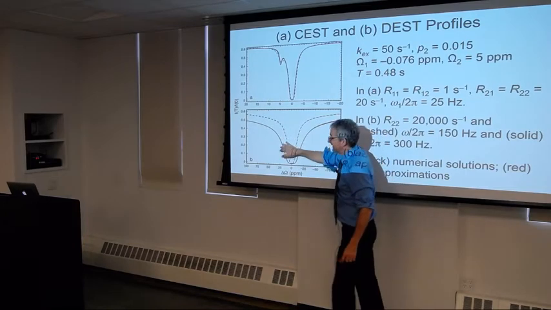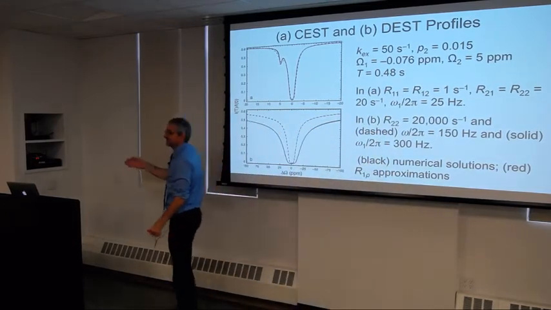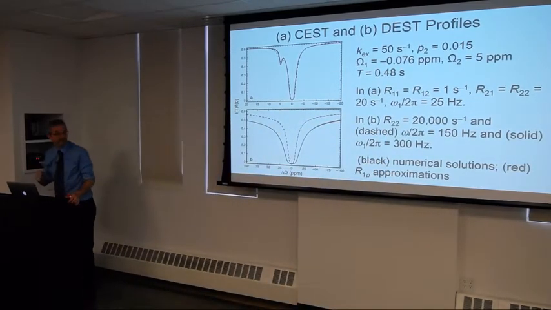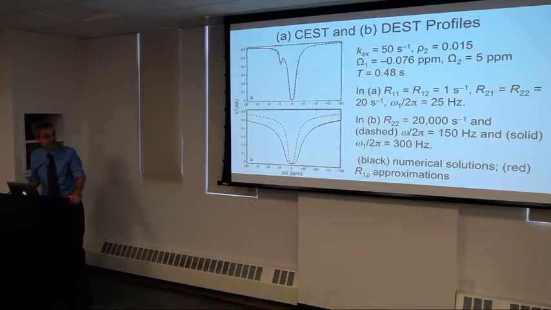And these kind of data then tell us that there's exchange between the two. We can't get out the chemical shift between them. That's kind of lost in how wide the curve is. But we still can get information out about the kinetics.